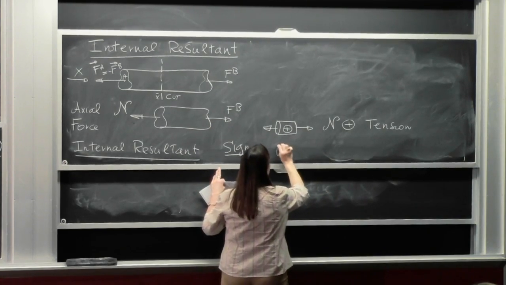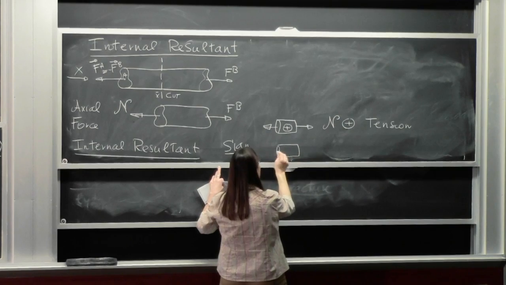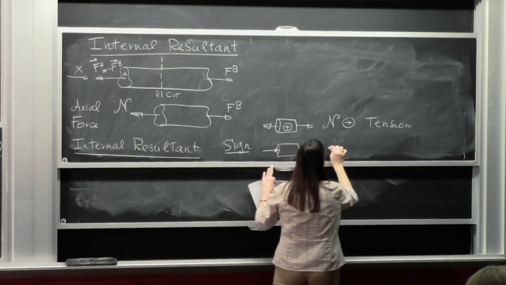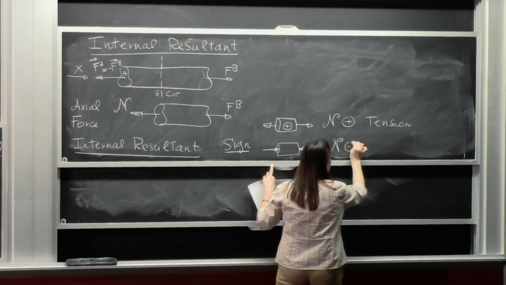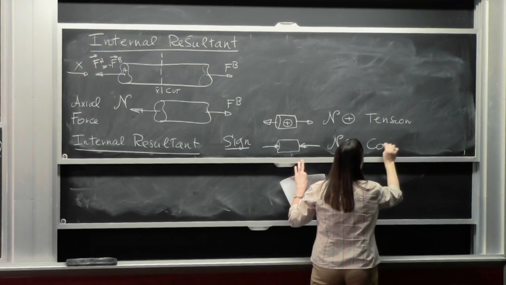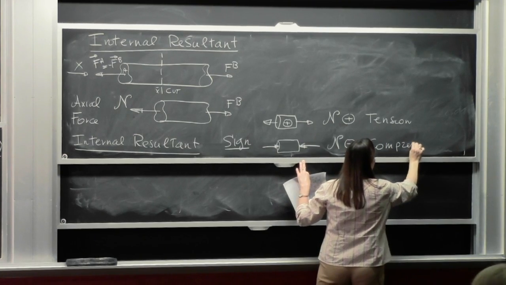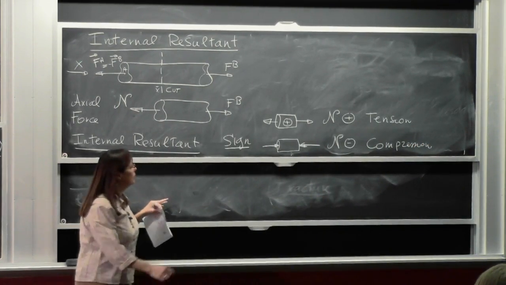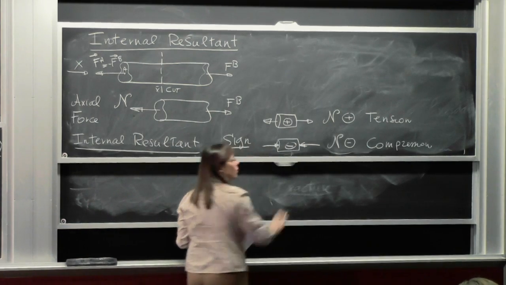If what happens to the bar is that the bar is pushed in like that, then the axial force is considered negative. And that is called compression. Let's put a minus sign here to remember.